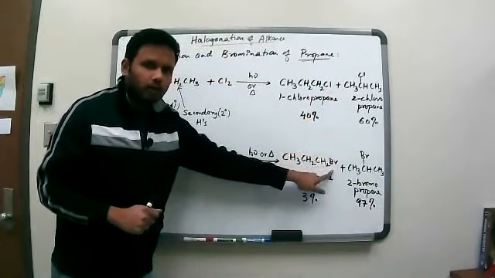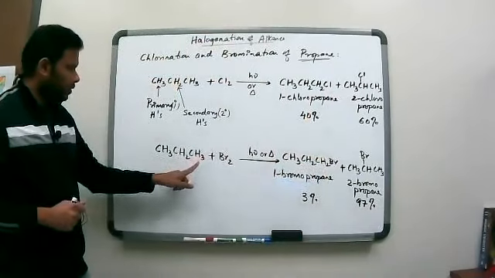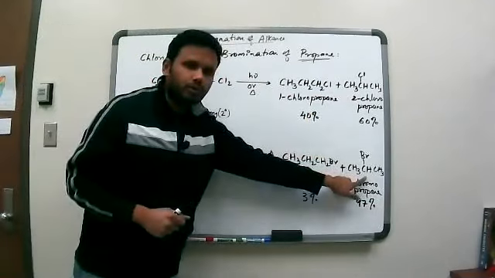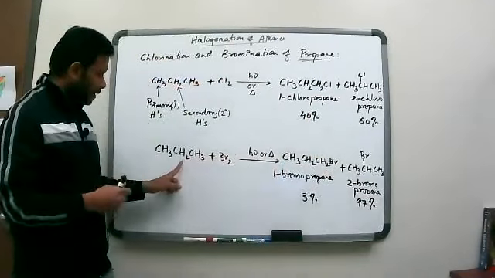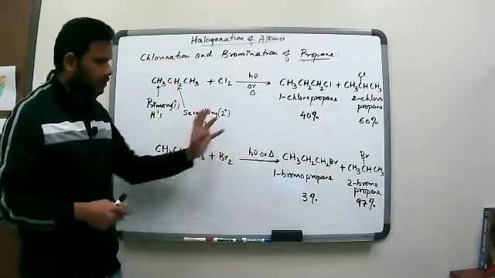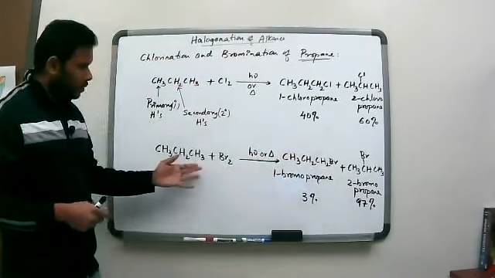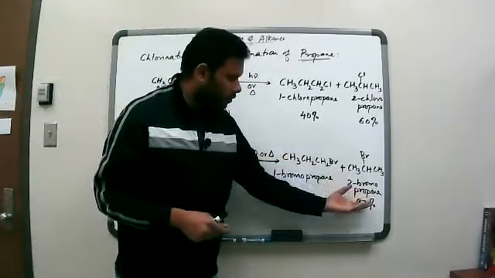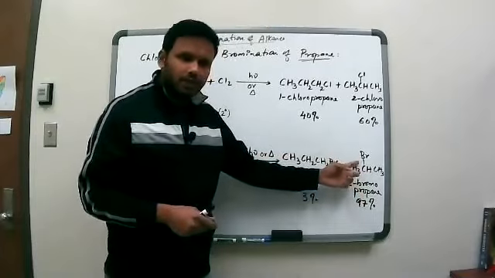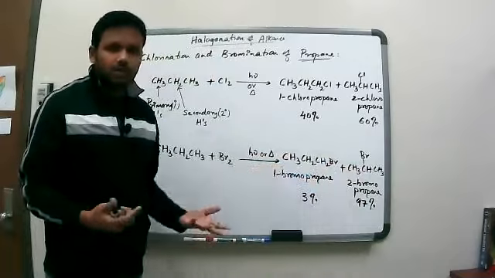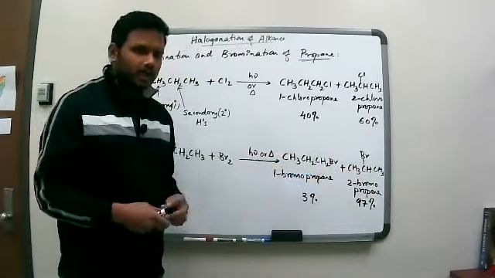We get the 1-bromopropane by replacing one of the primary hydrogens. We get 2-bromopropane by replacing one of the secondary hydrogens. So that's how we're getting to the product. So it looks like in case of the bromination reaction, somehow bromination at the secondary position is favored. It's almost exclusive, like 3% is very tiny.